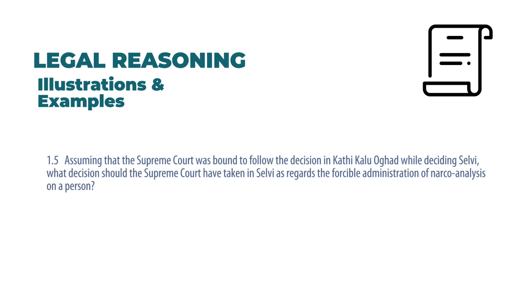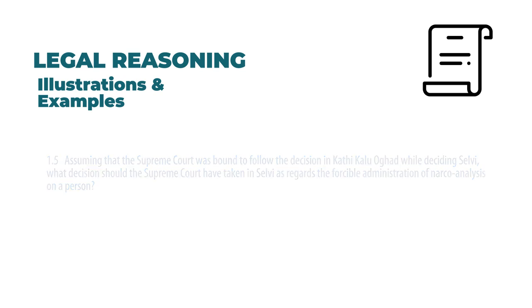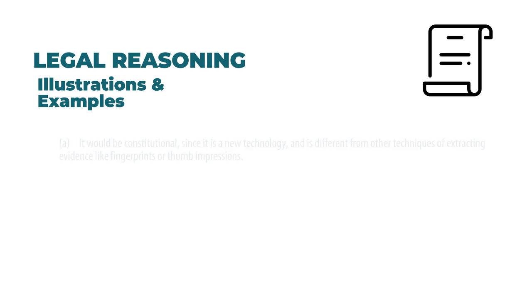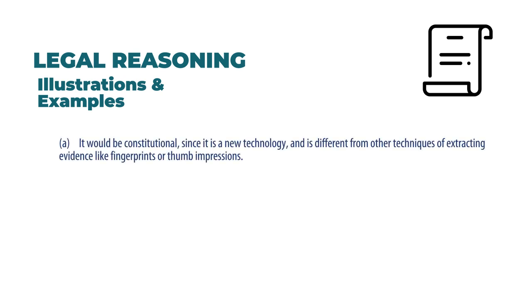Assuming that the Supreme Court was bound to follow the decision in Kati Kalu Oghad while deciding Selvi, what decision should the Supreme Court have taken in Selvi as regards the forcible administration of narco-analysis on a person? Your options are A. It would be constitutional since it is a new technology and is different from other techniques of extracting evidence like fingerprints or thumb impressions.